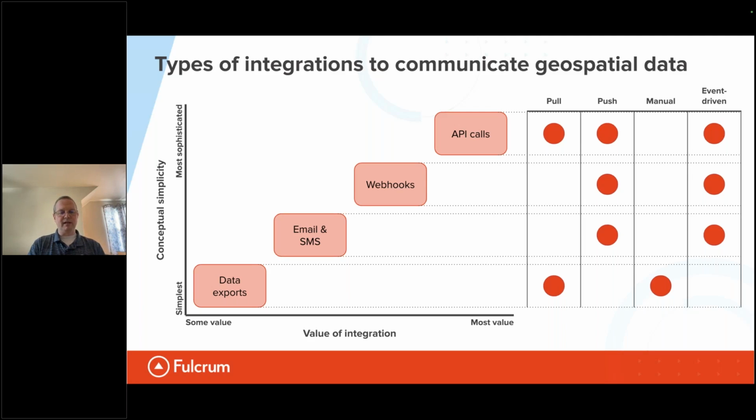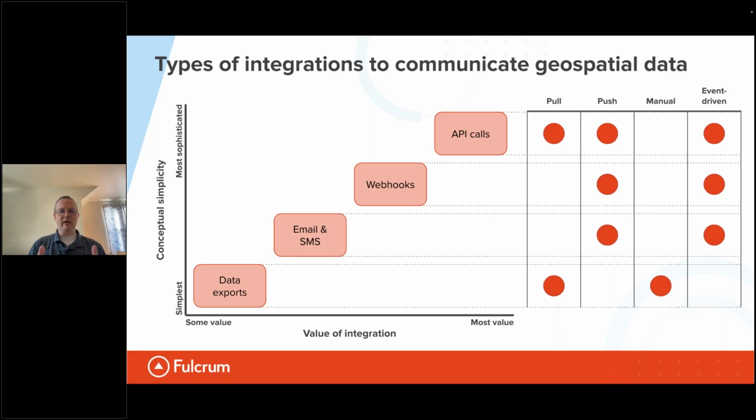I can do a pull, a download of those as say shapefiles, and when I do that, I'm asking for that typically manually. When I get that information manually, I'm then able to do something with it. I'm able to upload it somewhere else, massage the data, do something with it. So a little bit more manual work, but very simple conceptually, easy to do, and it's kind of on demand.